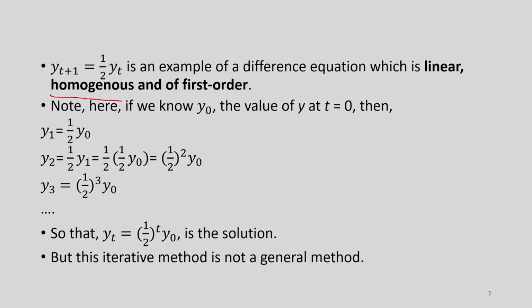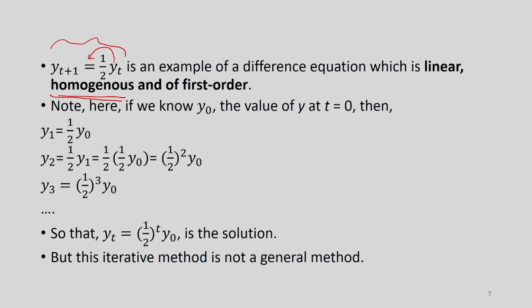So, this is the new thing that is there in this difference equation, which was not there in the earlier one. And look at the form, it is saying that y t plus 1 is equal to half of y t. So, you can see that there is no constant term here, right. So, if I take y t to this side, then it will just become y t plus 1 minus half of y t is equal to 0.